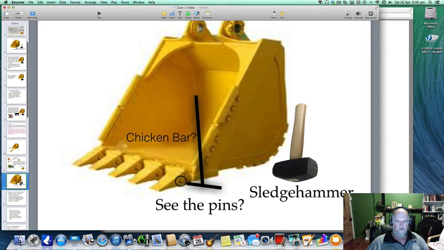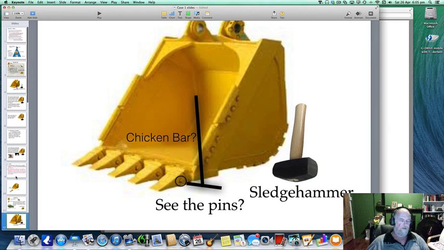He puts the chicken bar up, whacks it with the sledgehammer. He manages to get 2 pins out, but then he hits the next one, I guess the third pin he's trying to get out. He hits and it splinters and shards out. So that's really the factual scenario that we've got.